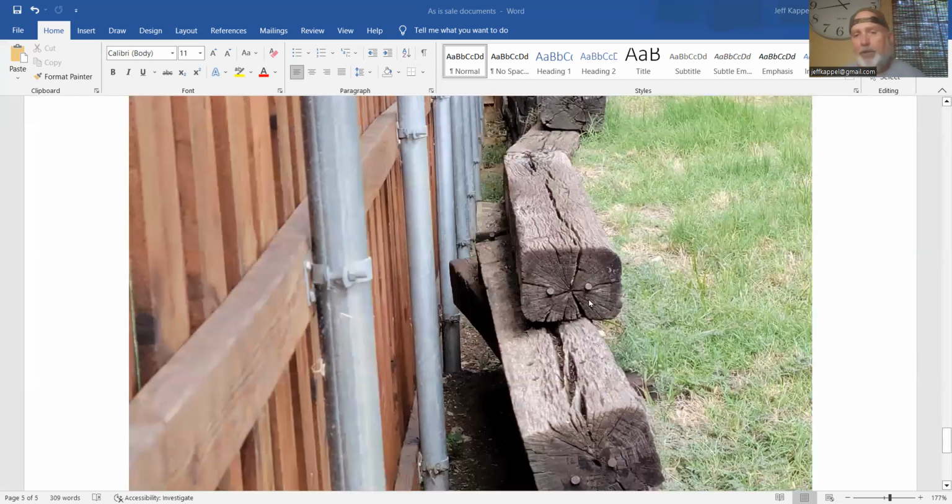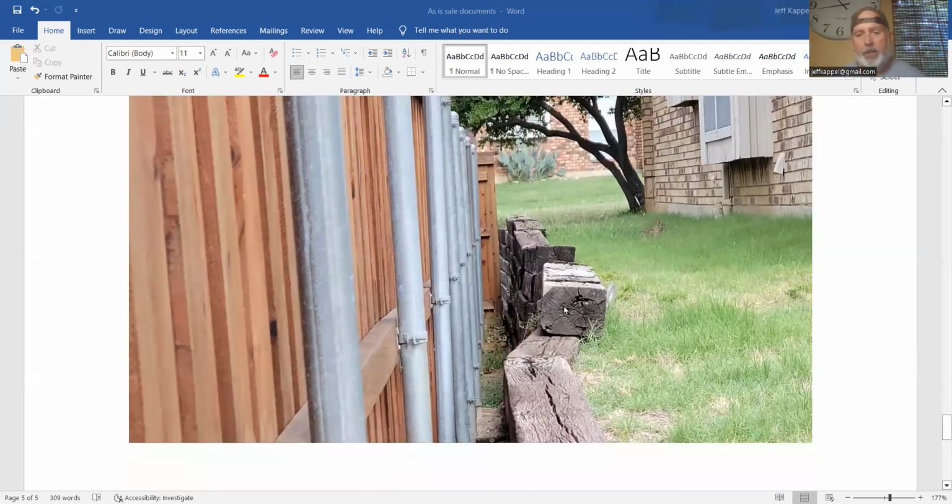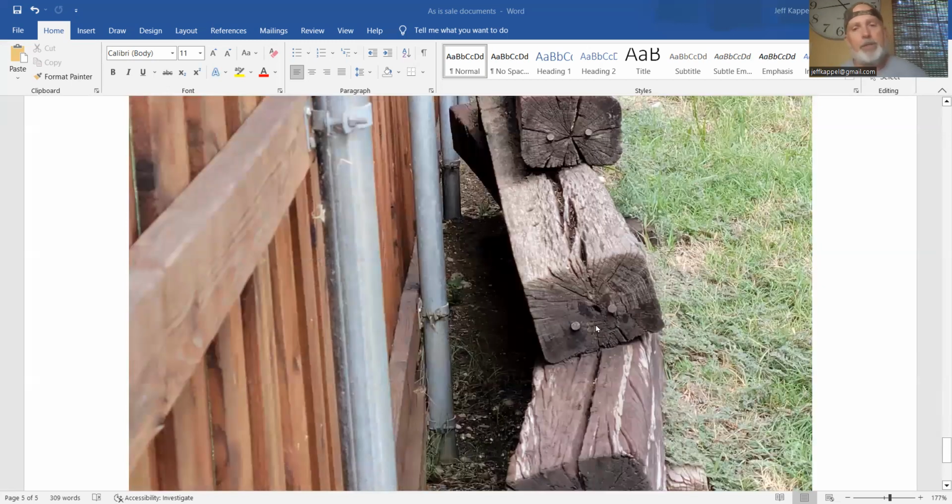So under this case, the contract is not going to require the seller to repair this item, but separate Texas land legislation, there may be a case here if this particular neighbor wanted to fight it.